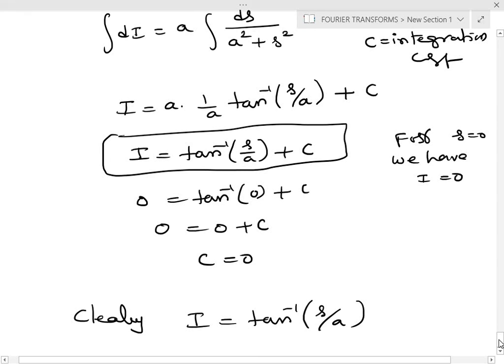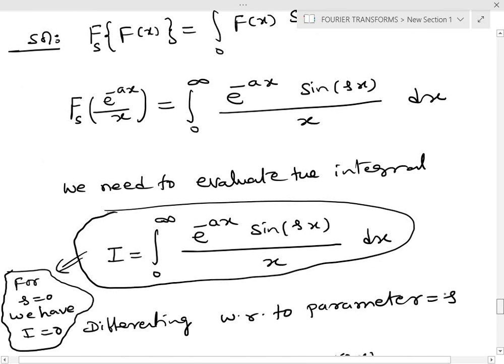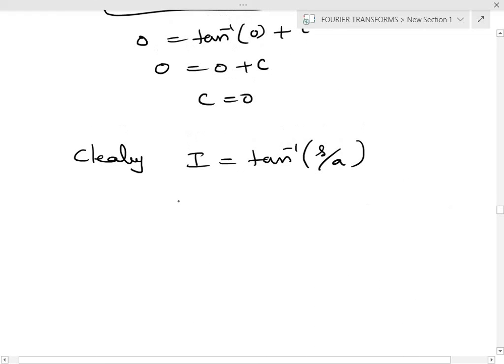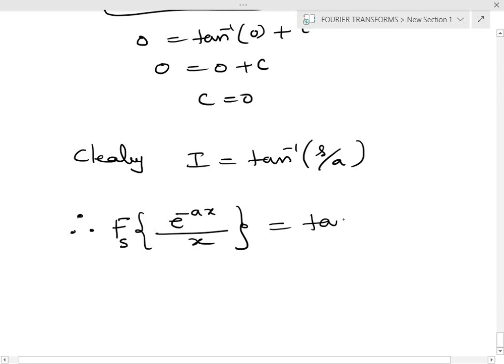But what is I here? This is the I. Therefore, the Fourier sine transformation of e power minus ax by x will be equal to tan inverse of s by a.